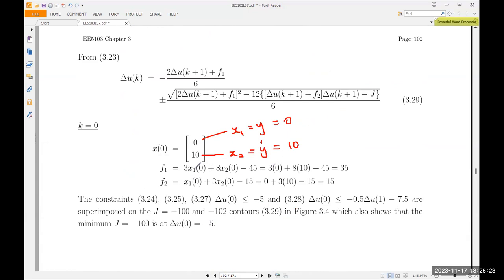Since x1 is 0, and x2 is 10, minus 45, you get 35. So it's your F1. Then likewise, this is 0, this is 10, you get 15. So you put 35 here. You put 15 here.